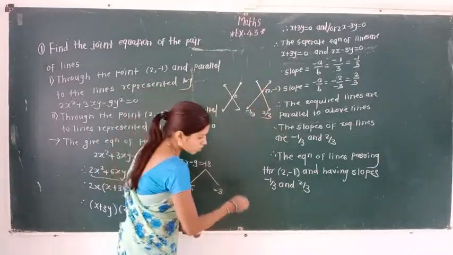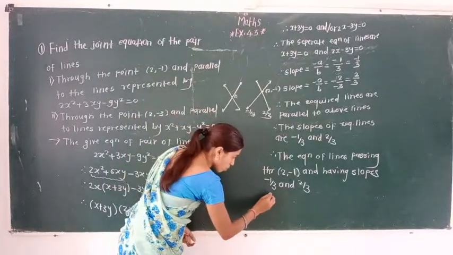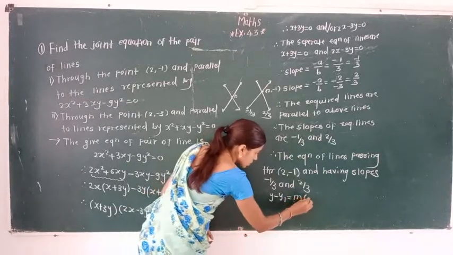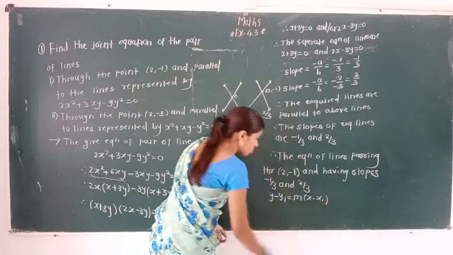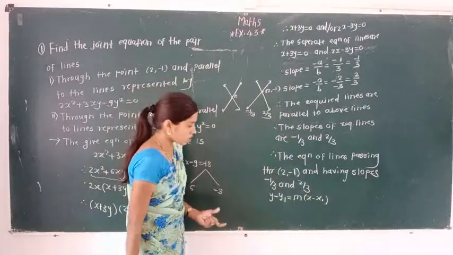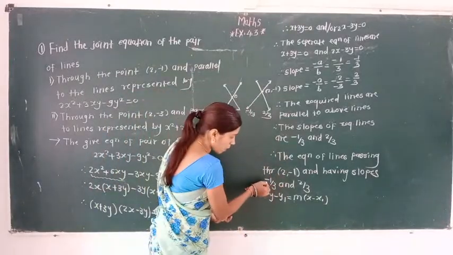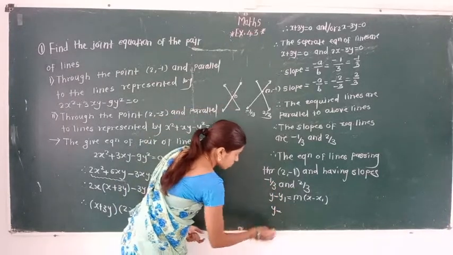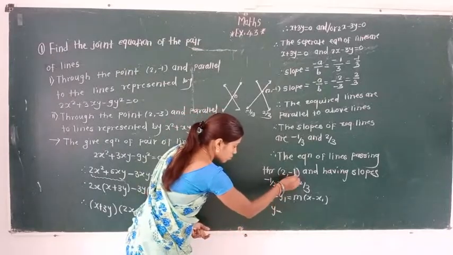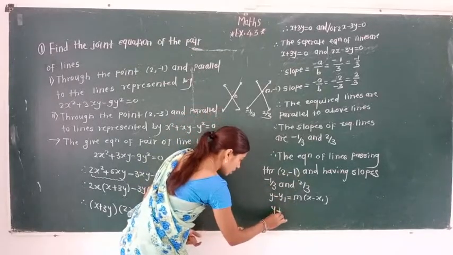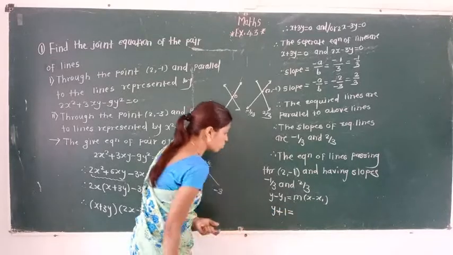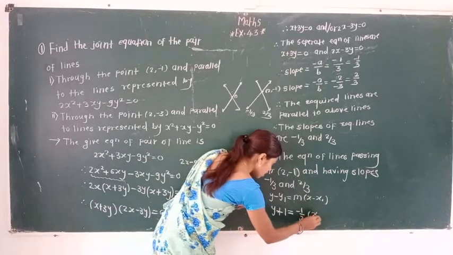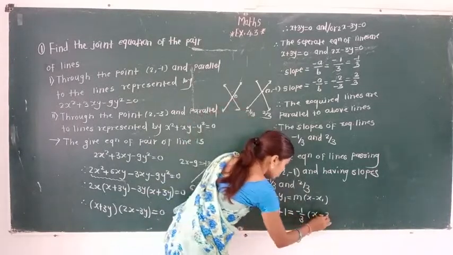By using the slope-point form, y minus y1 is equal to m in bracket x minus x1. For the slope minus 1 by 3, we take y minus, the value of y1 is minus 1, so minus minus 1 is plus 1, is equal to minus 1 by 3 in bracket x minus x1, which is 2.